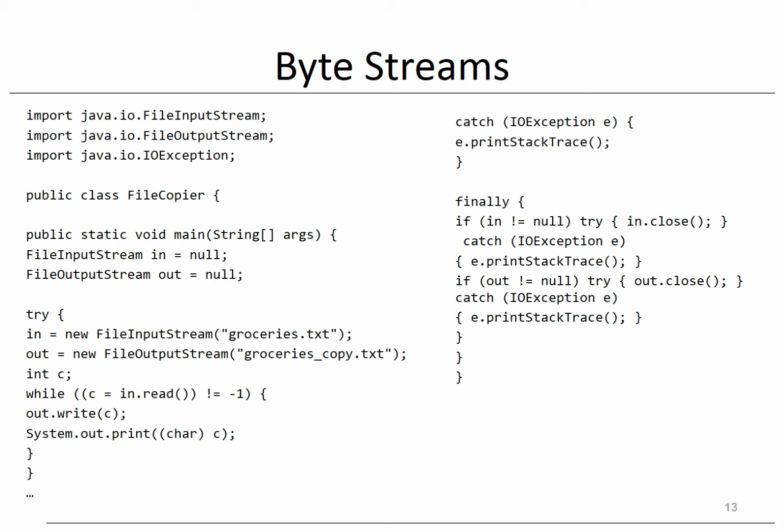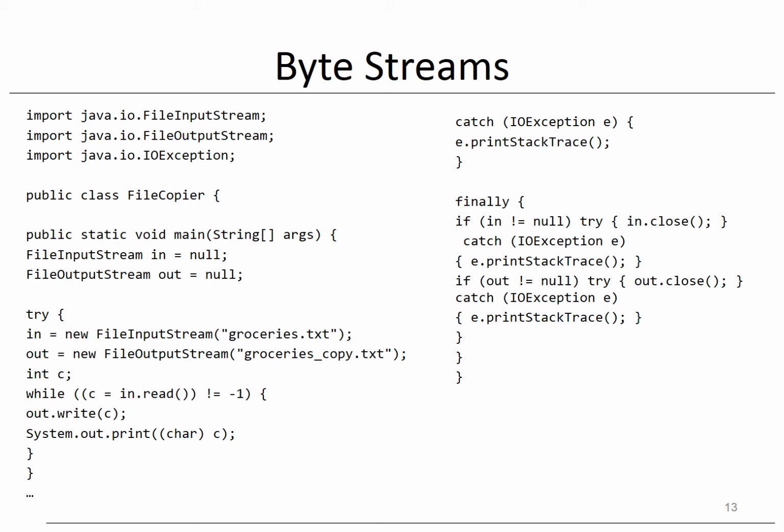FileOutputStream will be used to write to the file groceries copy.txt. If this file does not exist, its creation will be attempted. If the file does exist, its content will be overwritten, unless we would have passed true as the second argument of the FileOutputStream constructor.